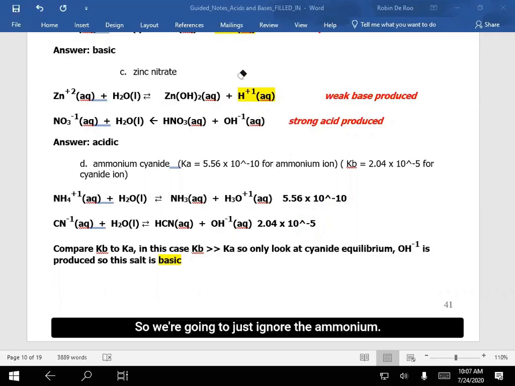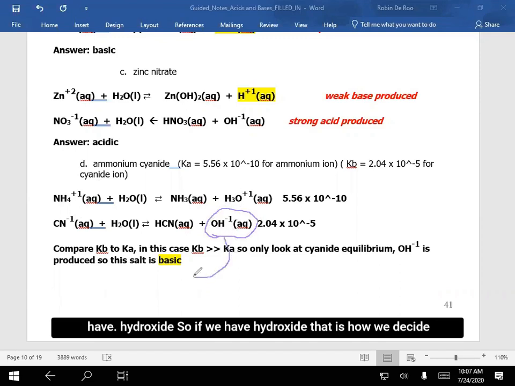So we're going to just ignore the ammonium. We're going to focus on the cyanide. And when we see the cyanide in equilibrium, we see that we have hydroxide. So if we have hydroxide, that is how we decide that ammonium cyanide would be a basic salt.